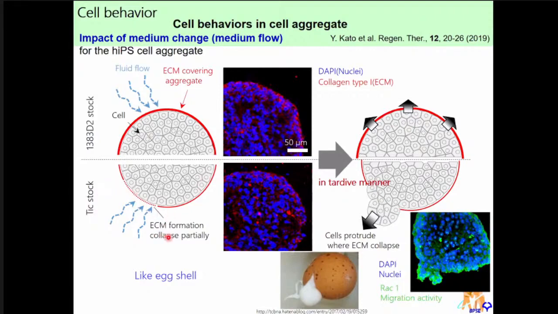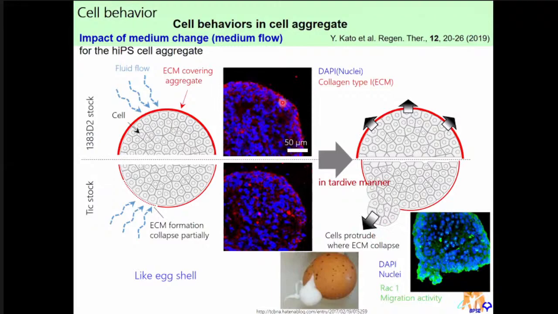I mean the ECM formation is easy to fluctuate and partially collapses by the medium flow. And after collapse of the collagen wall, cells come from the center to the outside, pushing out. So it looks like an egg like this.